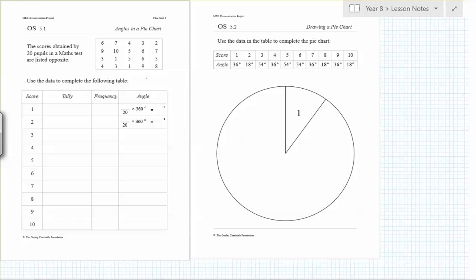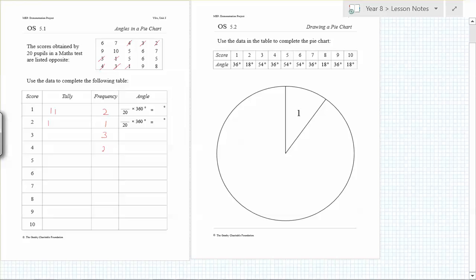So, how many ones are there? 2. Oh my god. So I've got to do 2. Okay. How many 2s are there? 1. Okay. I'm not doing the tallies, am I? It's not really necessary. How many 3s? 3. 1, 2, 3. Okay. How many 4s? 2.